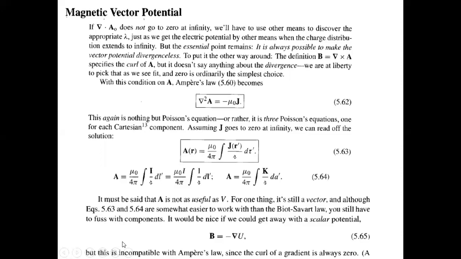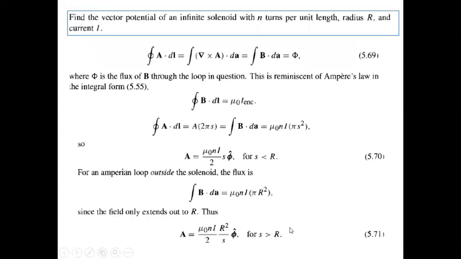Other than the Biot-Savart law, I think it's easier to calculate B this way. It'd be nicer if we could have a scalar potential, but that doesn't happen.